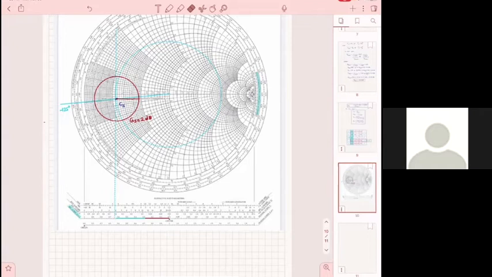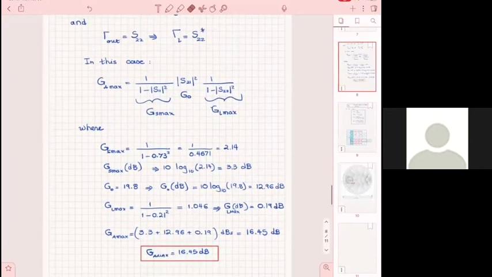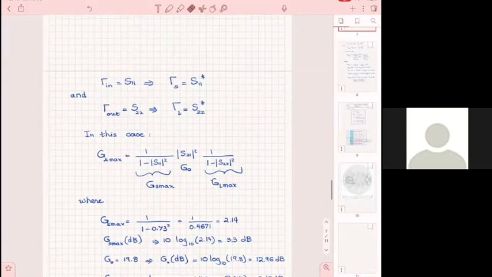So it's just one point, there's no circle. Because the complex conjugate matching implies this, and since you know S22, then you know your gamma L. So you can design immediately your output matching network, and that is going to give you maximum power in the output matching network.